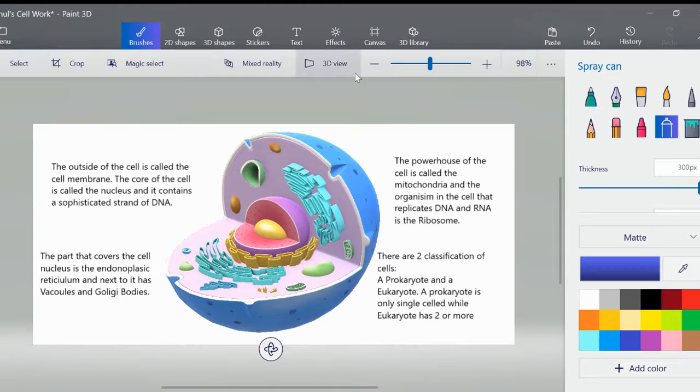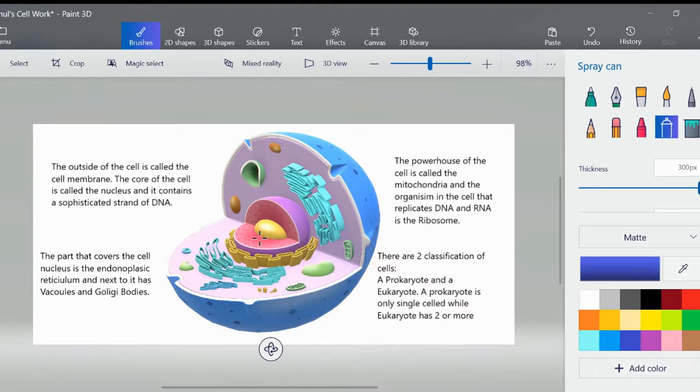Ribosomes replicate DNA and RNA. RNA is for viruses and other types of cells, but DNA is for animal and plant cells, human cells, and this is a human cell, so it contains a lot of different things.